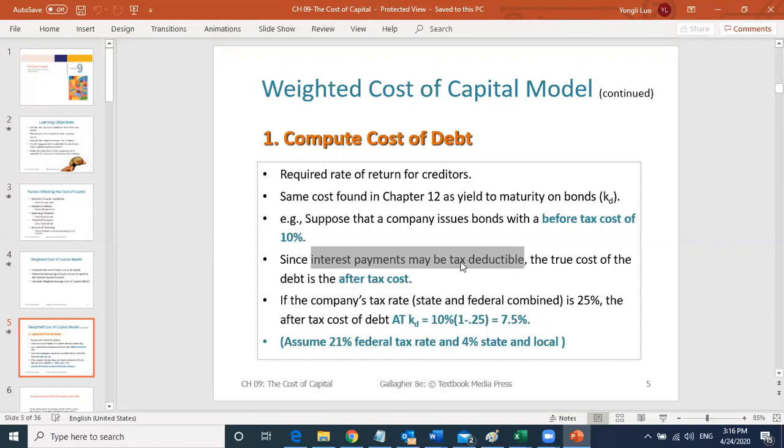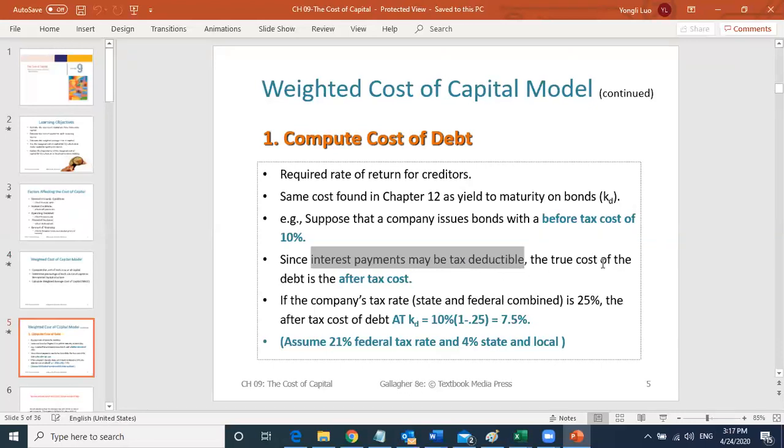That means the current tax rule, or tax policy, encourages companies to borrow money, because if you borrow money and pay interest, that will save you taxes. So either you pay tax or you pay interest. Comparing these two, most companies say it's better to pay interest instead of tax.